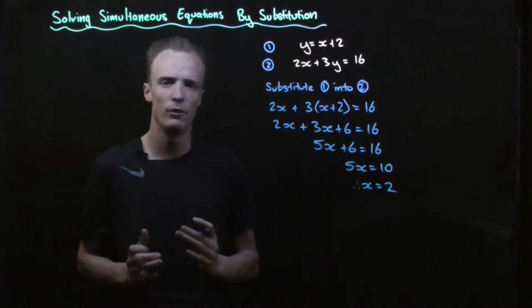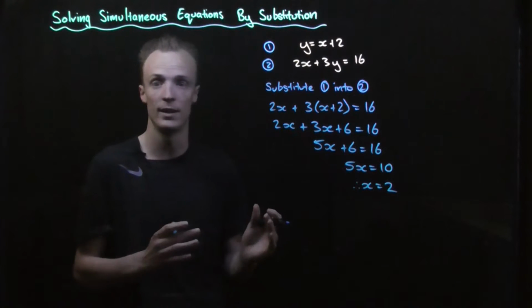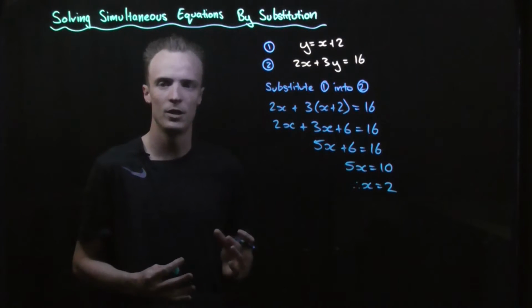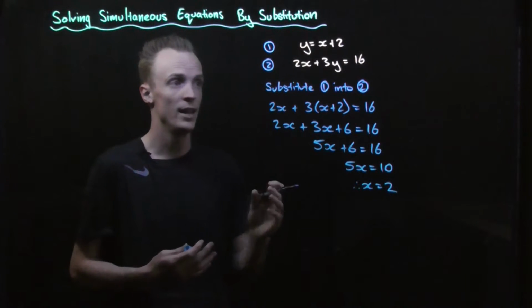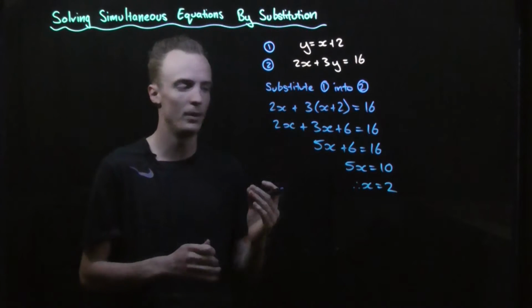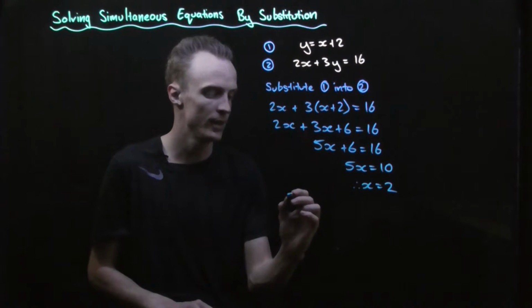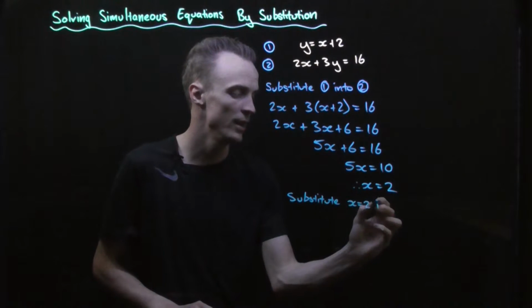But remember, we're looking for both the x value and the y value when these two lines are intersecting each other. So to do that, what I actually do is I substitute this x equals 2 into either one of these equations. I'm going to use equation 1 because that's going to be simpler to do. So I substitute x equals 2 into equation 1.